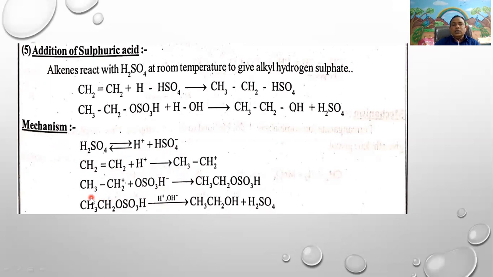Then this CH3CH2+ plus bisulfate ion gives ethyl hydrogen sulfate. This ethyl hydrogen sulfate undergoes hydrolysis to give ethyl alcohol, with sulfuric acid obtained as a byproduct.